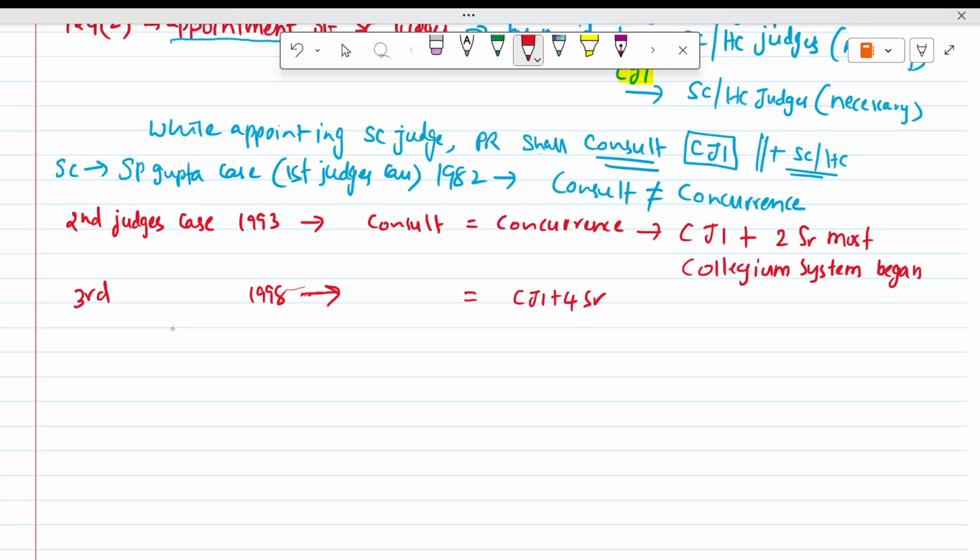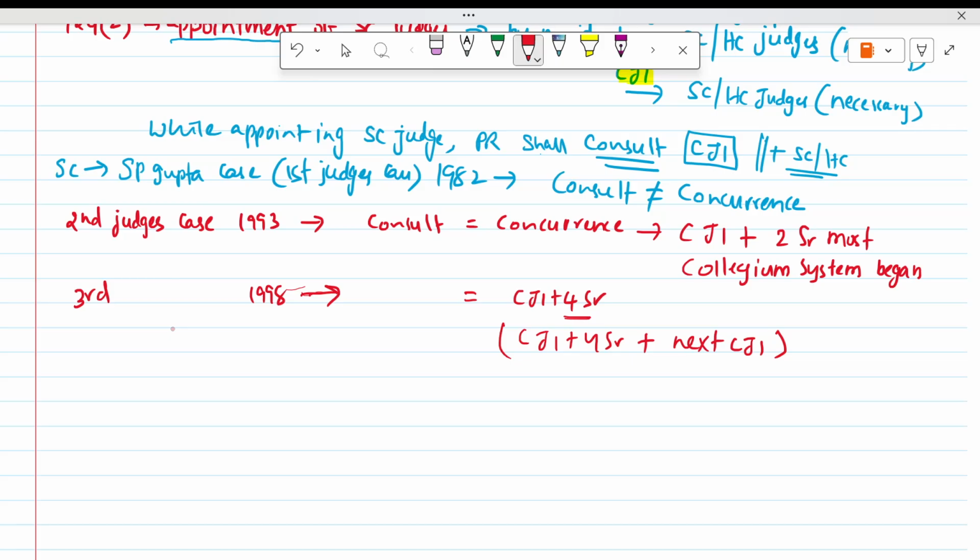Also, if the next person who is going to become CJI is not among the four senior-most judges, then you have to consider the CJI plus the four senior-most plus the next CJI. This should be the consultation.